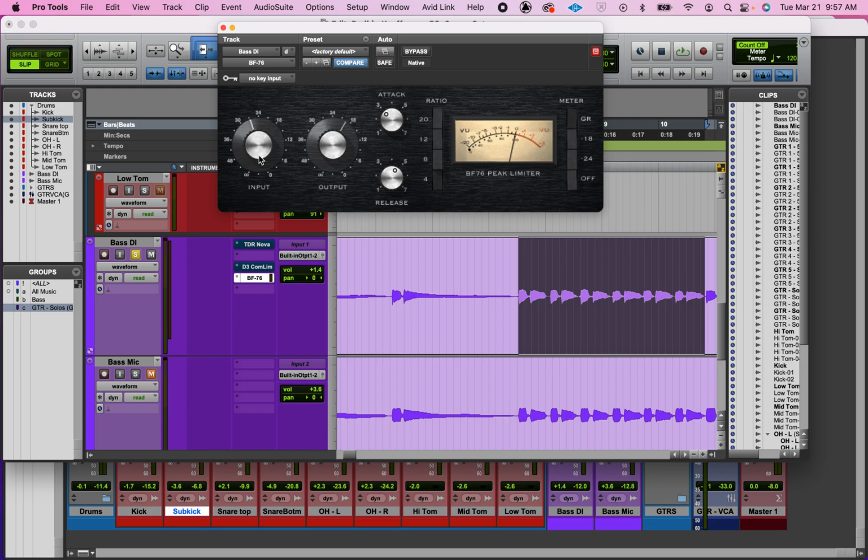So this one doesn't so much have a threshold as much as you are using how much we're putting in, and we're using the meter here to see what amount of compression we're getting. So you can see that the signal is much more steady, or it's quite steady, I should say. This is probably a little loud.